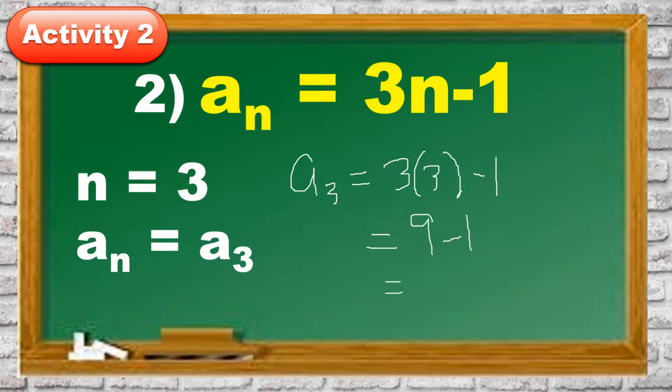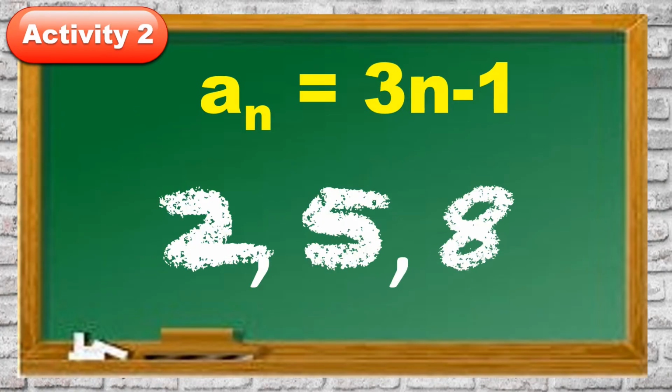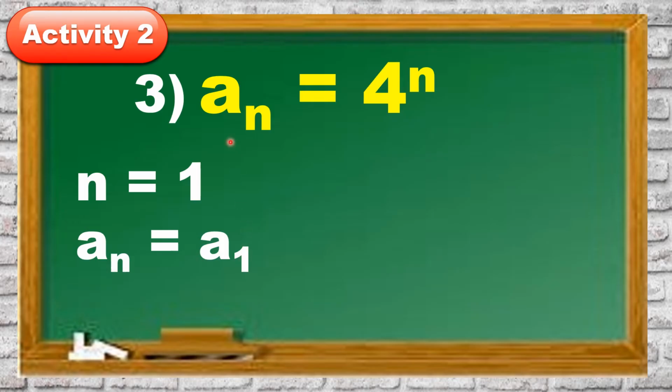Therefore, our third term is 8. Did you get it? So, from what we have solved, the first 3 terms of the equation a sub n equals 3n minus 1 are 2, 5, and 8. Now, let us have the next example.